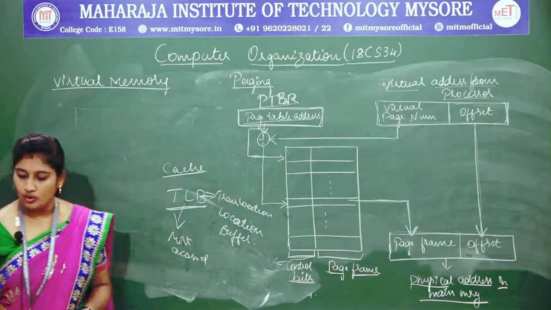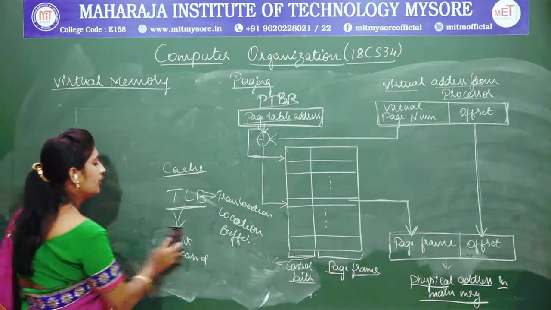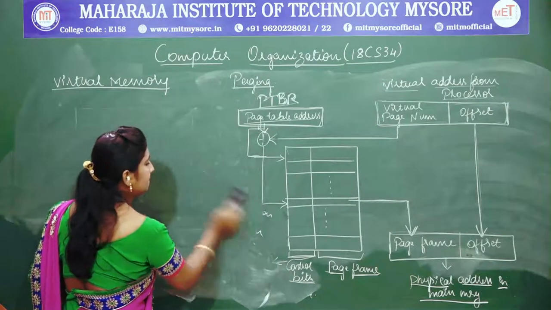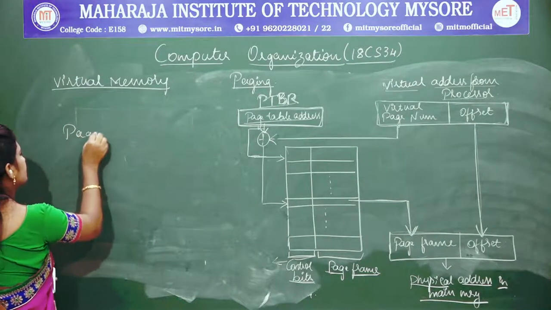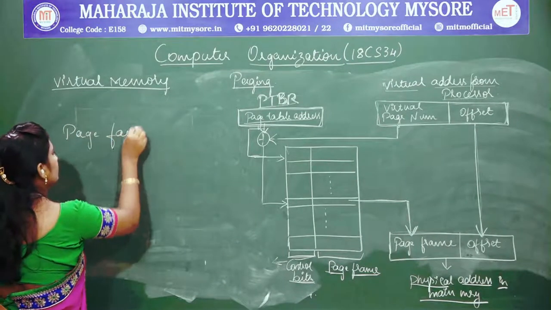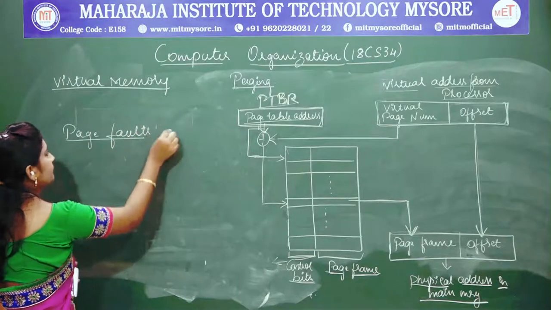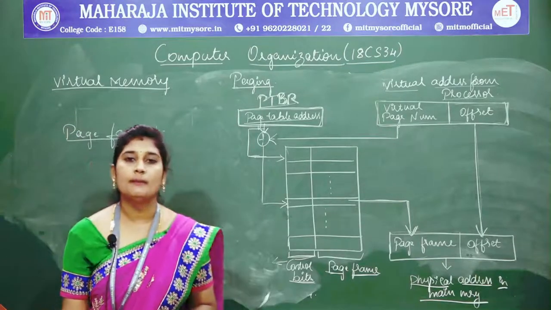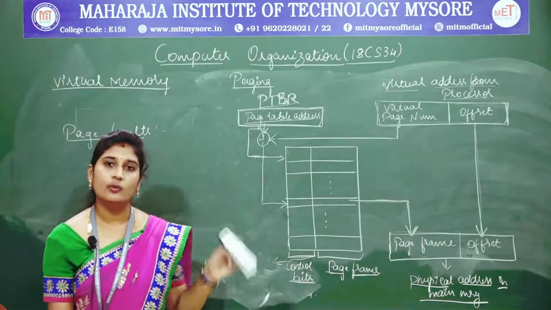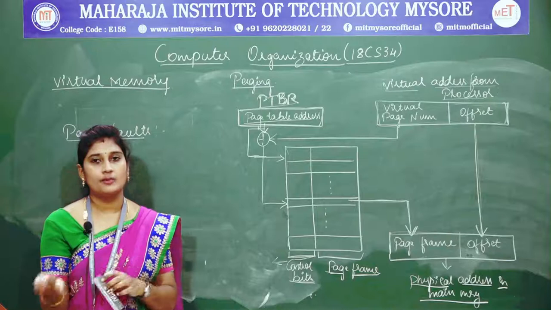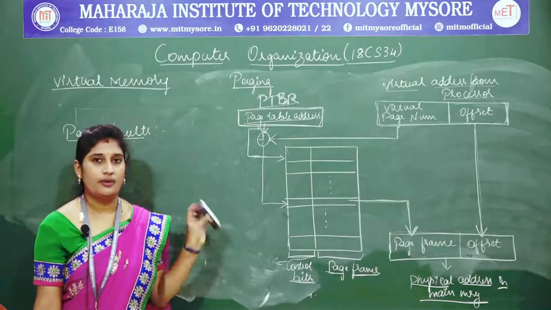So next, one more thing you need to know about your paging technique is dealing with page faults. So what do you mean by page faults? As I already told, you keep comparing with your cache memory and this paging.